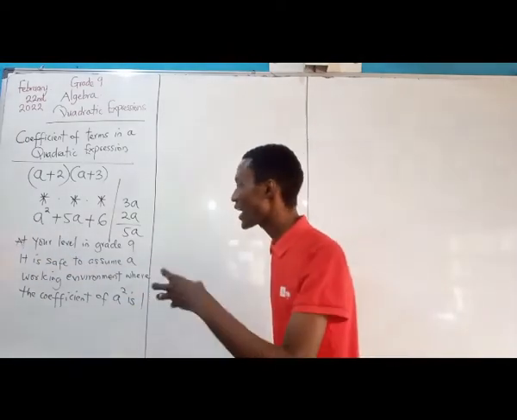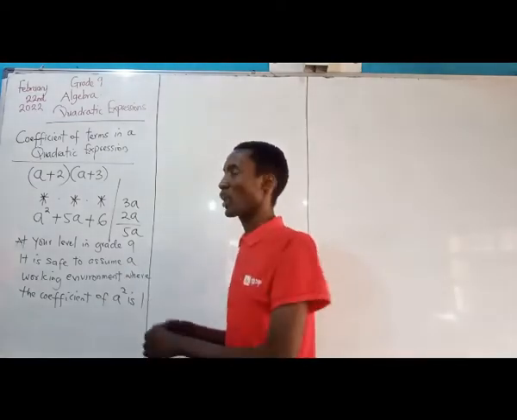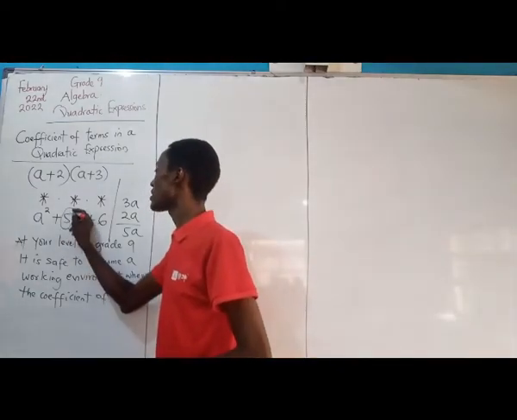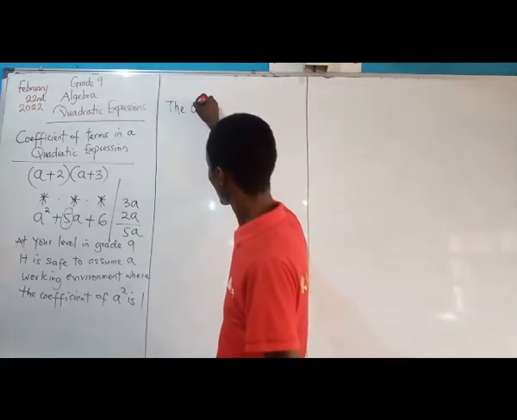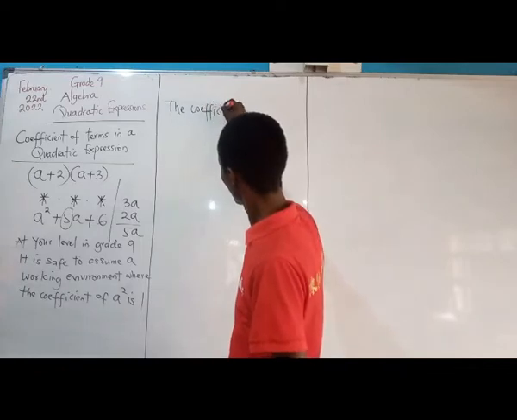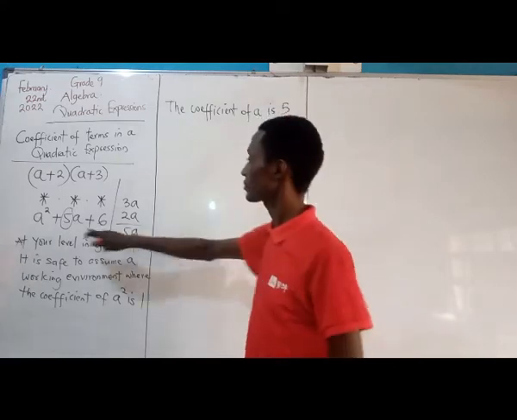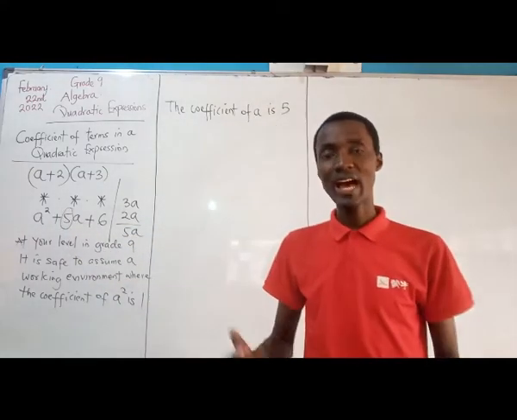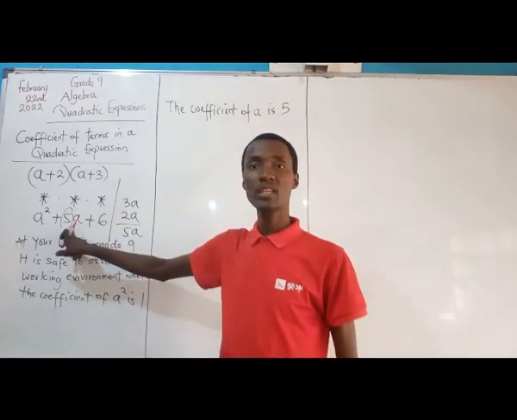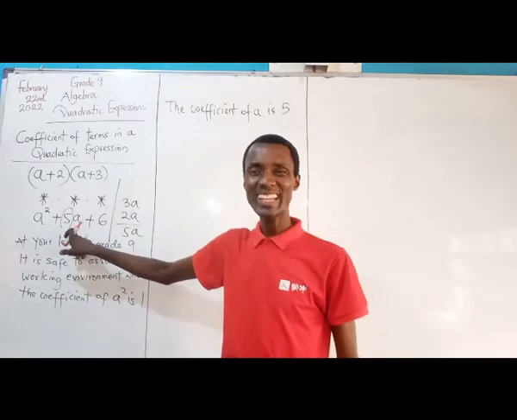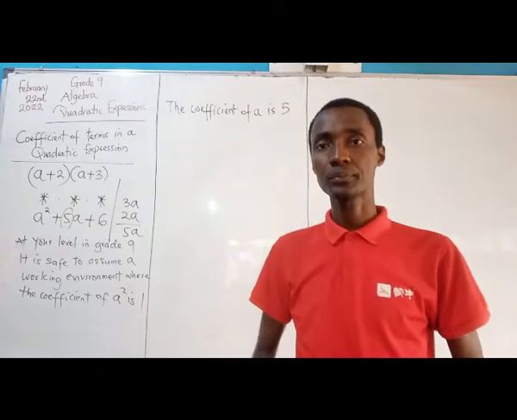But this aspect of the course will focus on the coefficient of a. So that's my focal point. And in this setup, the coefficient of a is 5. So some of the questions we'll be handling, our focal point will be to look for the coefficient of the letter that is just on its own. So that's what we're going to focus on right now.